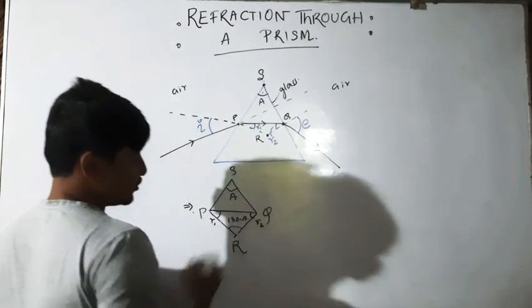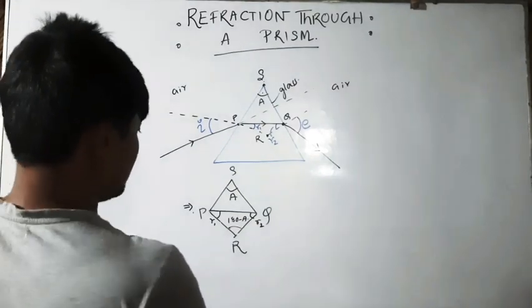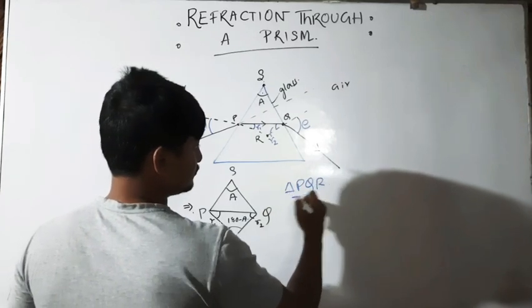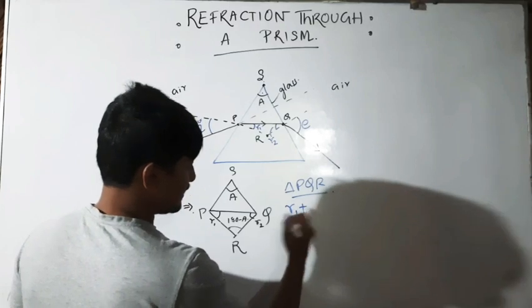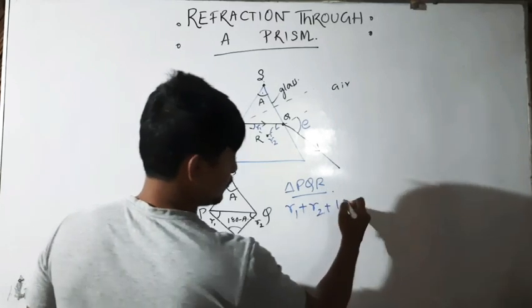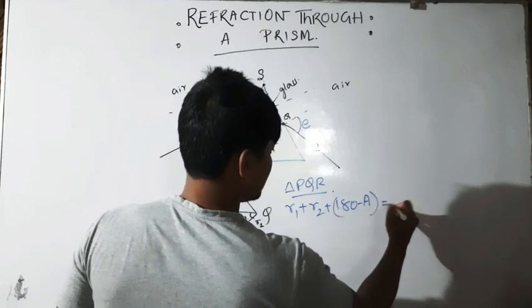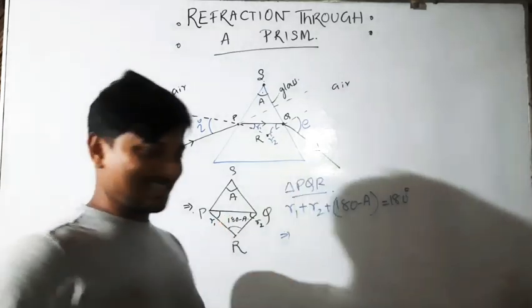Understood this part? Now you see, if I join this line PQ, this angle was your R1 and this angle was your R2. So if I take this triangle PQR, from this triangle PQR, দেখো R1 plus R2 plus 180 minus A will give you 180 degree. This is the key angle sum property. কি আছিল এটা?